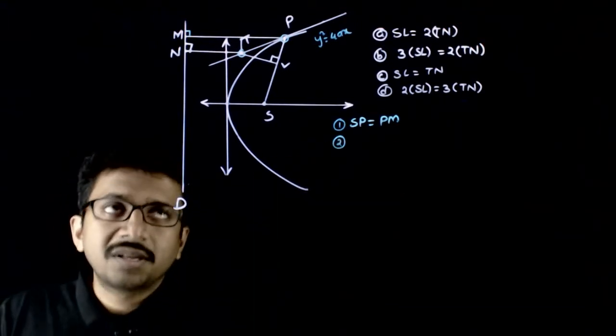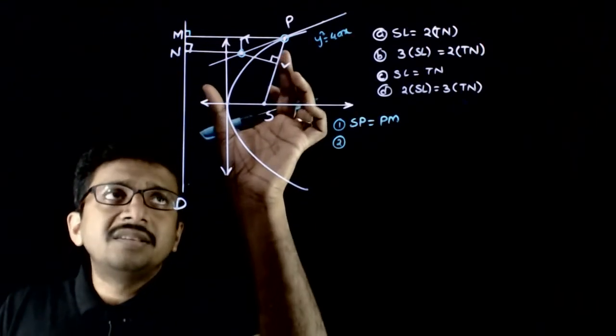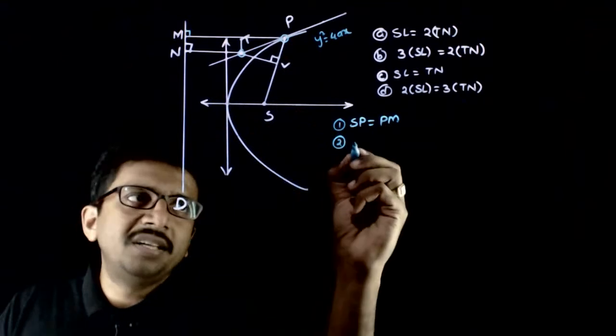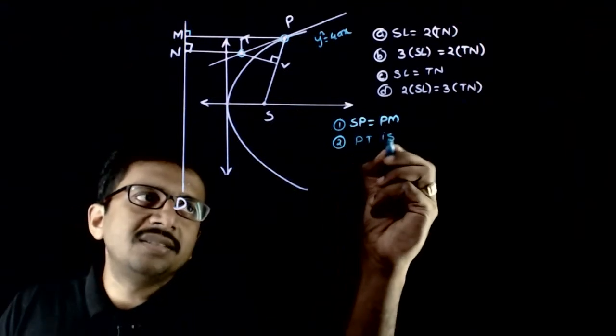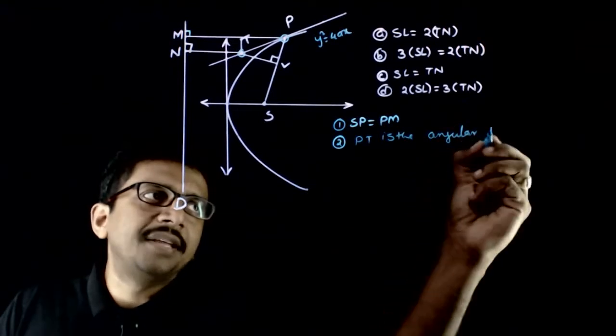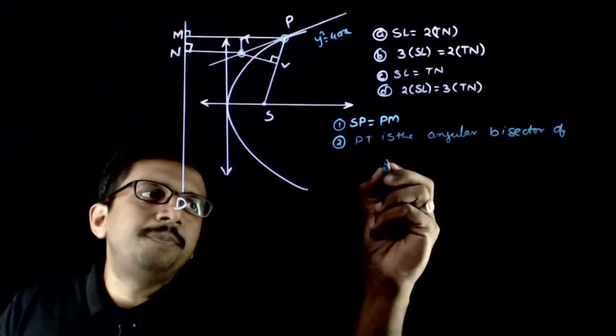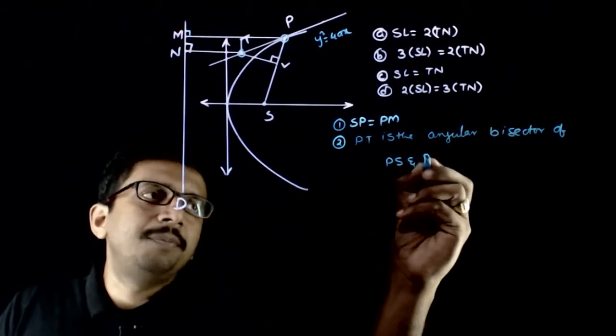That's one property which is very specific to parabolas. The second property that I am going to use is that the tangent PT is the angular bisector of PS and PM.